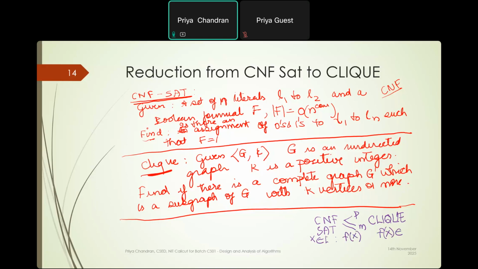This is in this case CNF SAT, and f(x) belonging to clique should both have the same answer. That is, if this is true, this should be true, and if this is false, this should be false, right? And this f(x) should be computable in polynomial time, that is order of |x| raised to c time, where c is a constant. That is what we want to do.